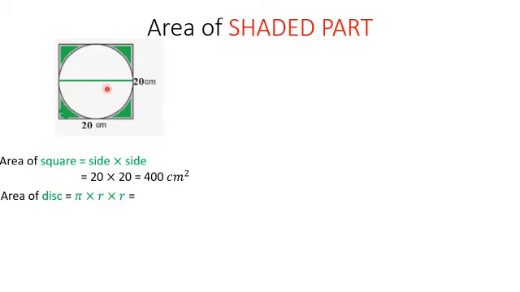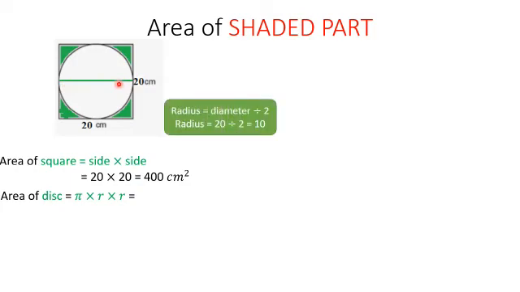But in this figure, they gave us the diameter. That's why we are going to use the rule: radius equals diameter divided by 2. The diameter is equal to 20. Then 20 divided by 2 equals 10. So the area is equal to 3.14 times 10 times 10 equals 3.14 times 100 equals 314 centimeters squared.